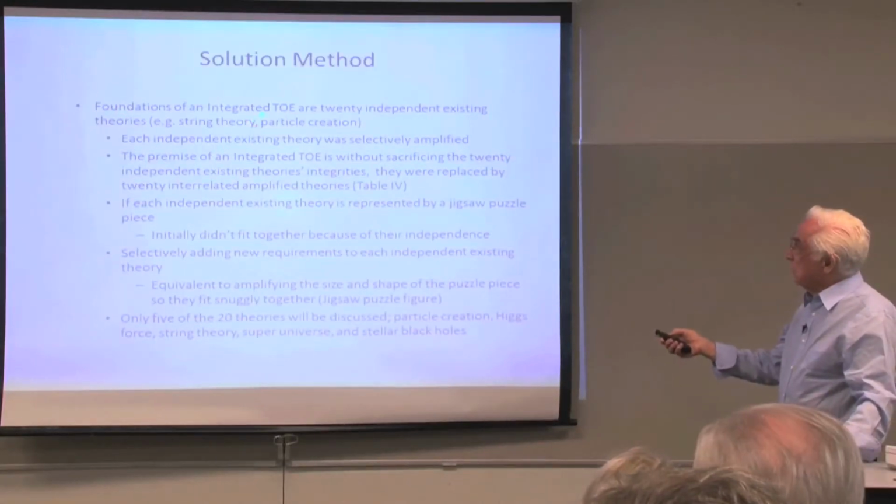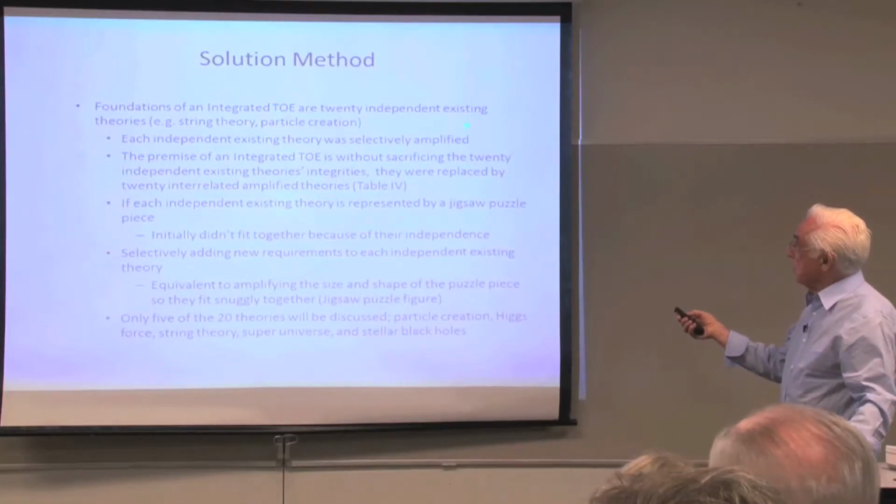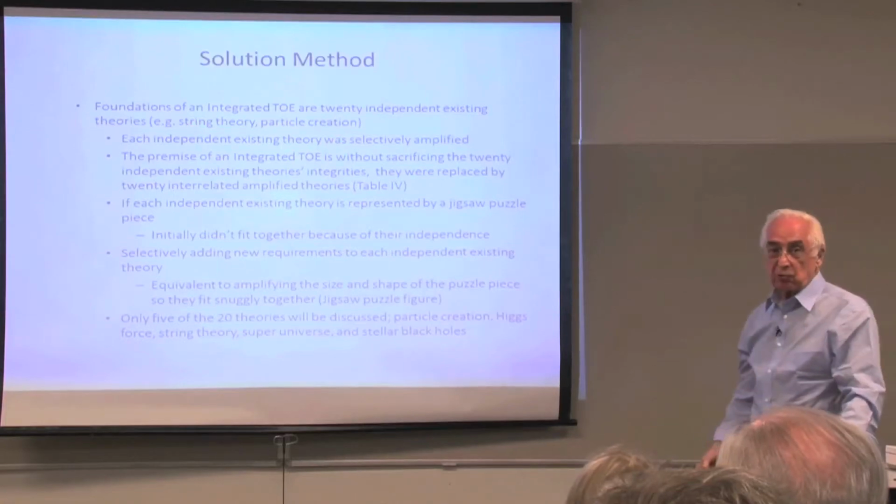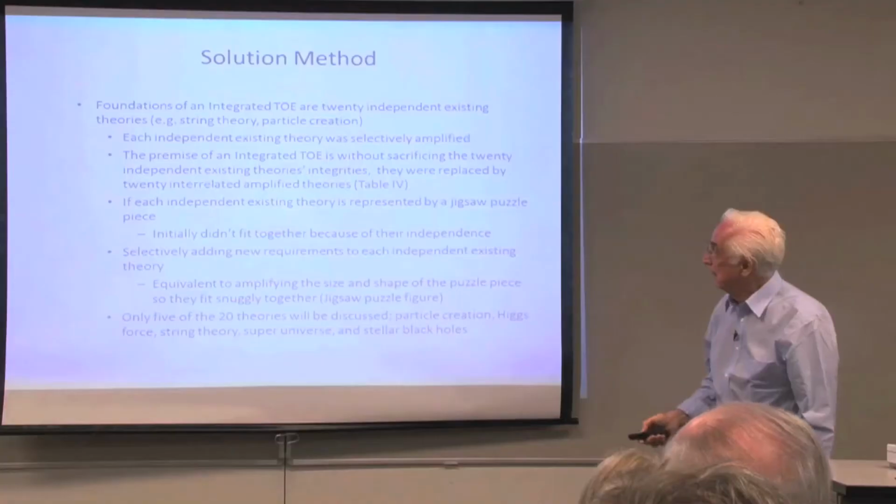The foundations of an integrated theory of everything are 20 independent existing theories like string theory and particle creation. The reason why they're independent is the physicists who worked on string theory did not talk to the physicists who worked on particle creation, so we have 20 independent theories.